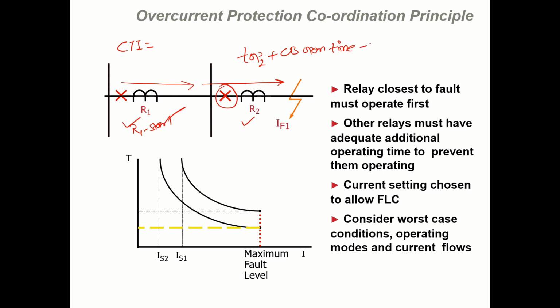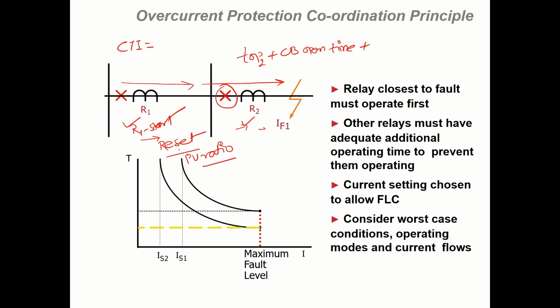Now, if the breaker trips, then the fault current ideally should become zero or closer to zero. But when breaker R2 trips, it takes some time for the current to become zero and for this relay to reset, because the resetting of this relay depends upon the reset to pickup ratio of the relay.